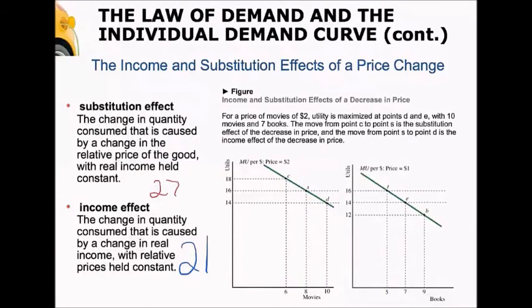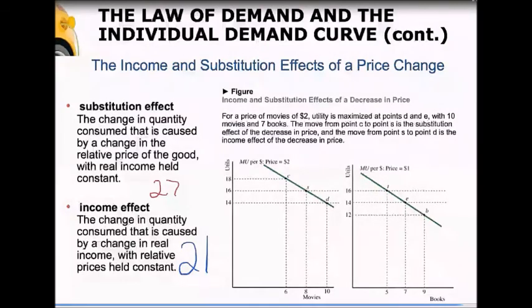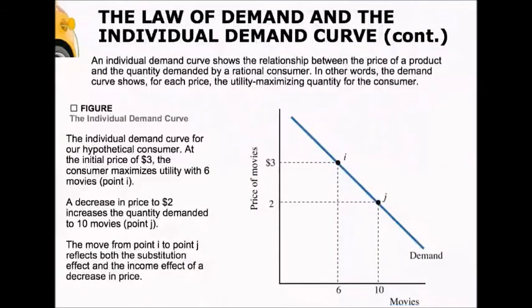So the overall change is going to be from point C to D. We will increase the quantity of movies purchased from 6 to 10 when the price goes down, and that's the law of demand. We see that on our demand curve. When the price goes from $3 down to $2, we increase the quantity demanded by moving along our demand curve from 6 movies to 10 movies.